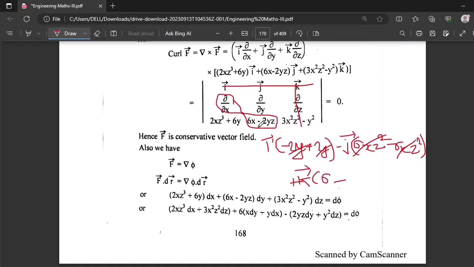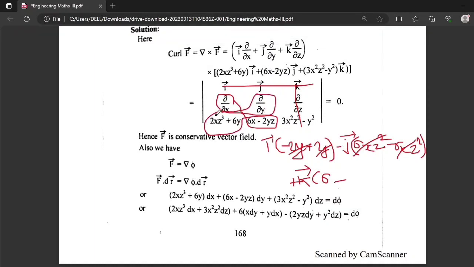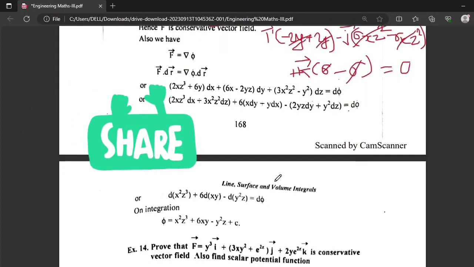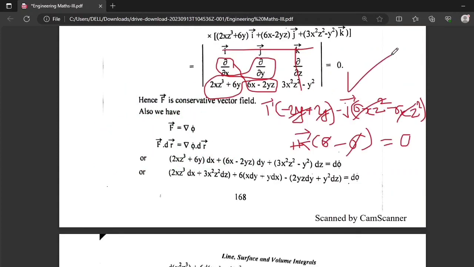Minus, here there is no term of y in 2xz³, so 0, and the derivative of 6y is simply 6, which also cancels. So 0 minus 0 plus 0 is simply 0. Yes, it is 0.